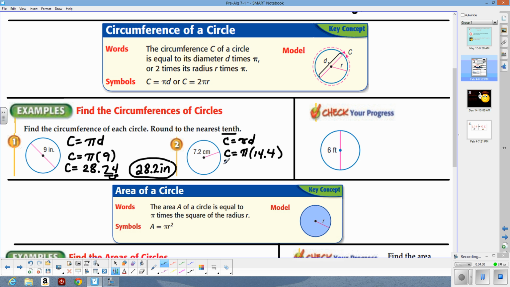Now if you go ahead and multiply pi times 14 4/10, that's going to be about 45.23.